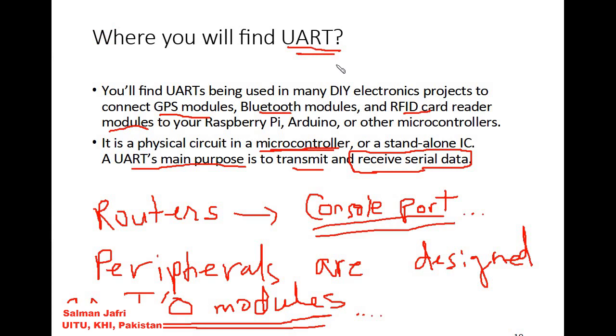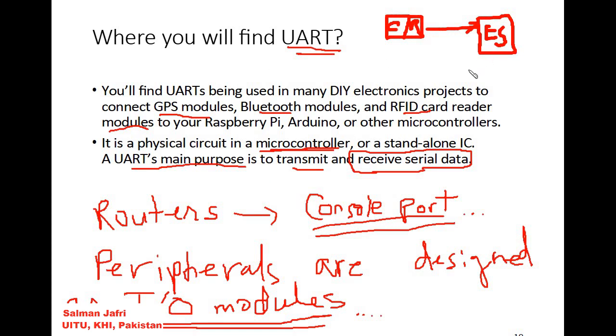So where will you find the UART, right? You'll find UARTs in any DIY electronics projects, right? That might connect GPS modules, Bluetooth modules, RFID card reader modules, whatever. So basically any peripheral or any device that connects to your embedded system externally, it might be a card reader, would connect through the UART.